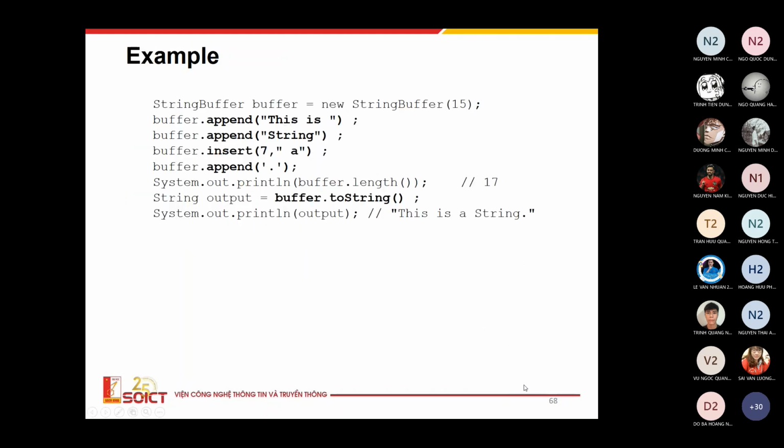And these are some of the methods of StringBuffer you can use. You can append a string to the old string, or you can insert a string at a position, for example. Or you have the length and the toString method.